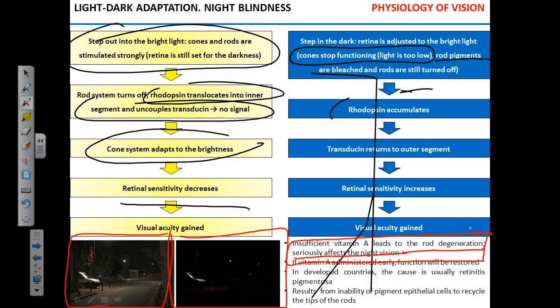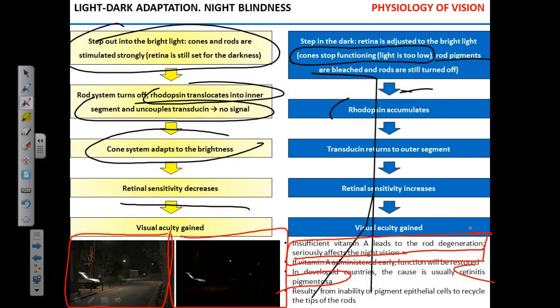In developed countries, the problem lies in something different. People with night blindness in developed countries most often have a condition called Retinitis Pigmentosa, which is the fancy name for dysfunctional pigment cells.